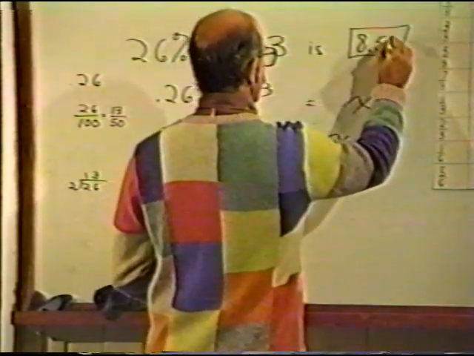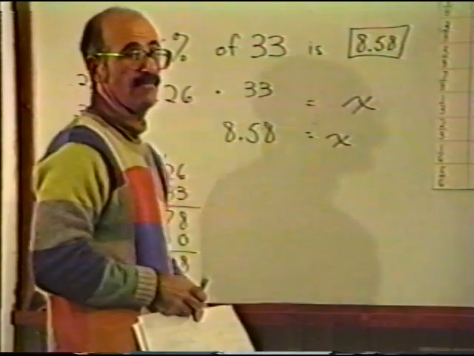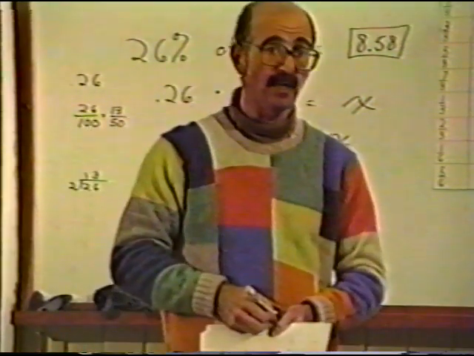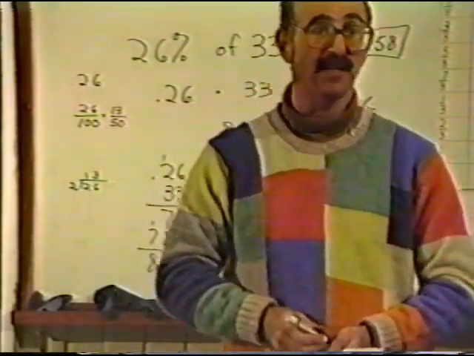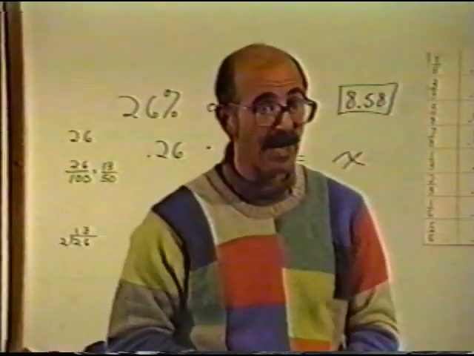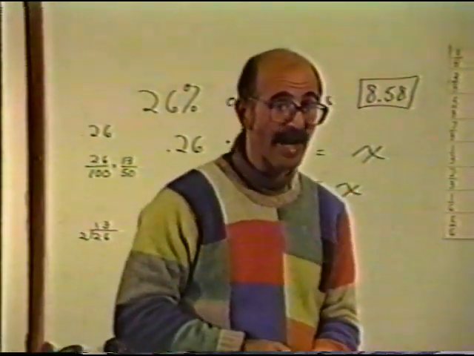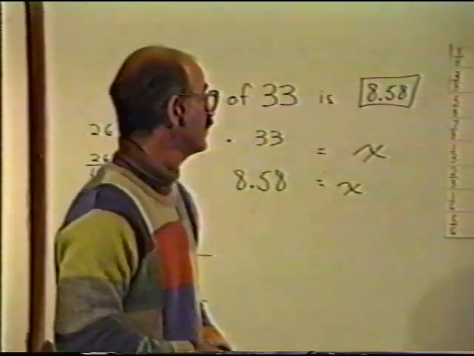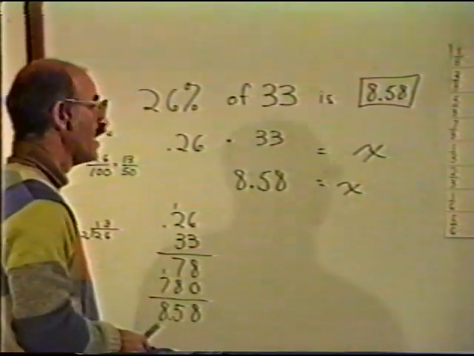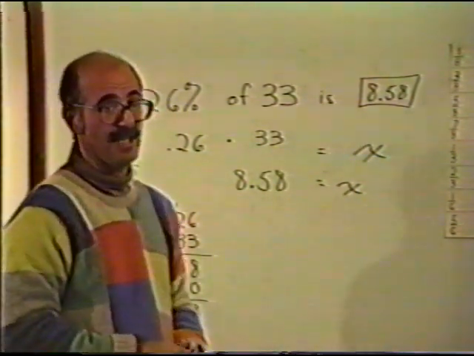As you can see, it didn't come out very evenly. But we expect that, because if it had come out evenly, we probably could have used the fraction way. But we couldn't use the fraction way in this problem because we couldn't get it to cancel.